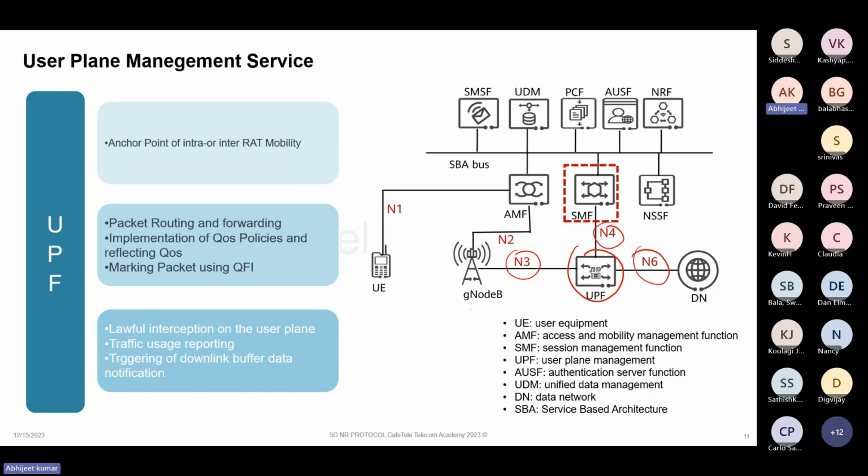In the 5G network, you can compare the UPF to a highway, a 4-lane or 8-lane highway that we have. On this highway, UPF acts like a highly intelligent traffic control system. It ensures that all the cars, meaning your data packets, are routed correctly to their destination, whether it's local, meaning nearby, or a cross-country road trip, meaning data traveling across the internet.